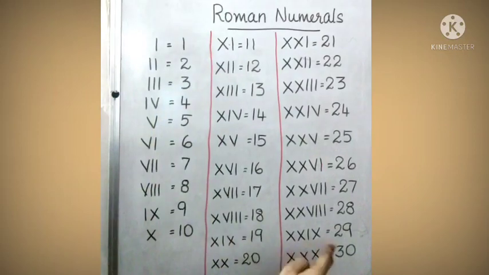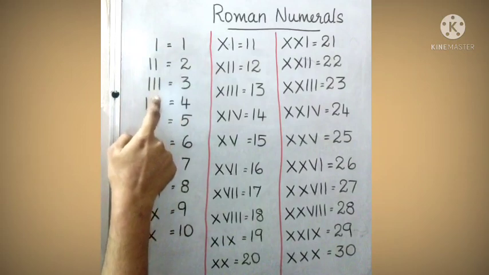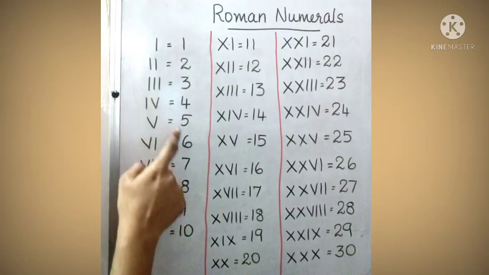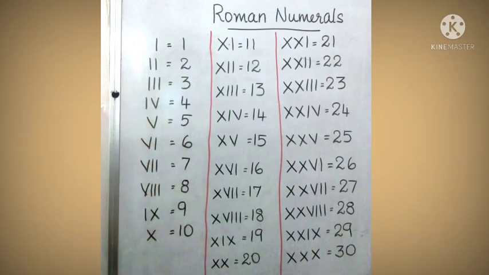These are the corresponding Roman numerals. Study up to 30. Look here, 3. No numeral is repeated more than 3 times. Here, 3. After 3 it becomes 9, 10 minus 1, 9.